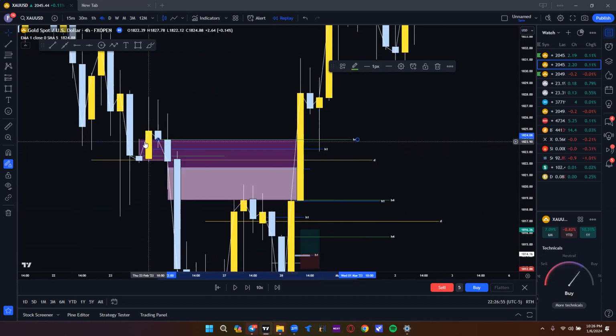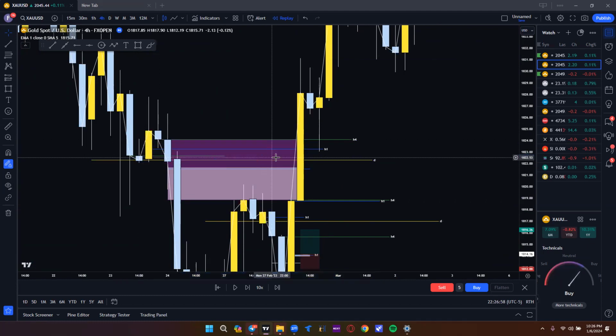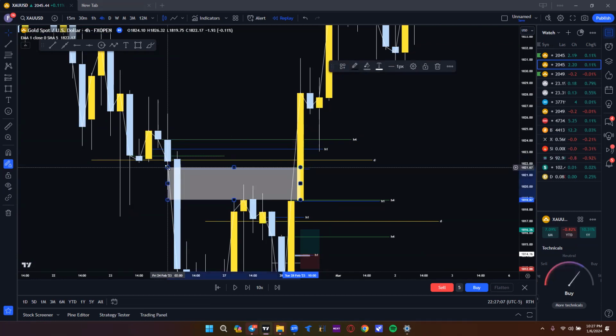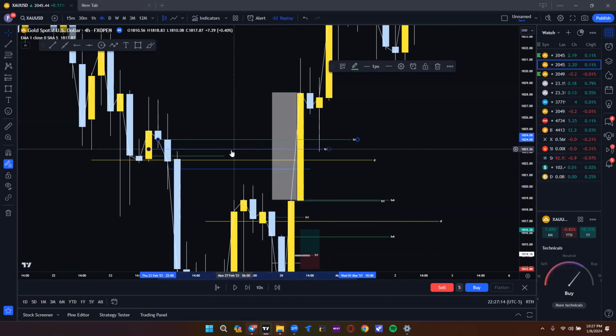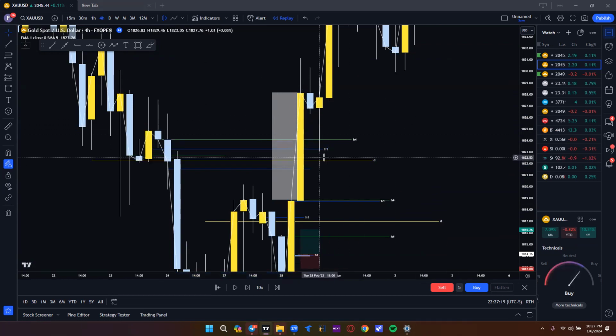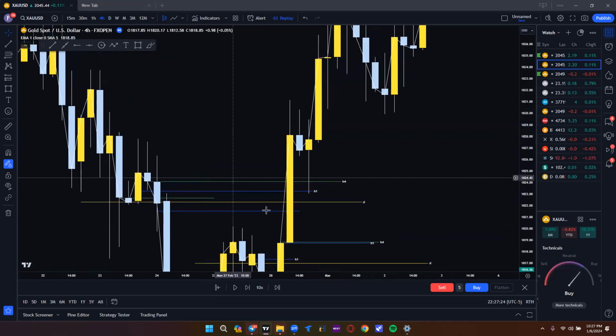This day, from here to here, closed above this H4 level, and then we were able to identify this H1 level, and price came back down to it and went up. So what I mean to say is that this level has an area of sensitivity.